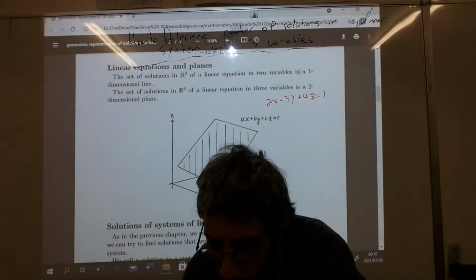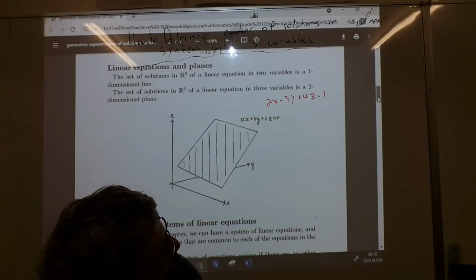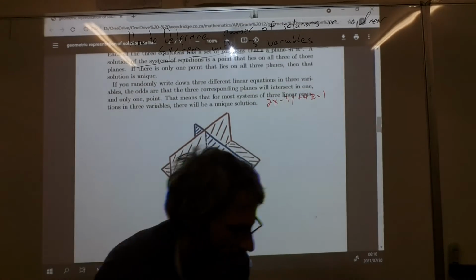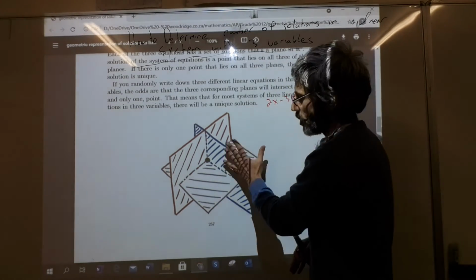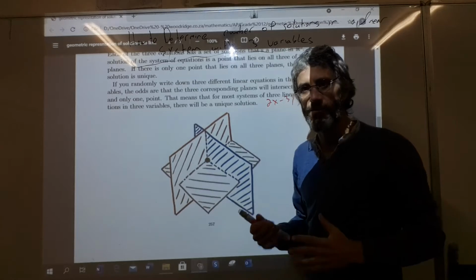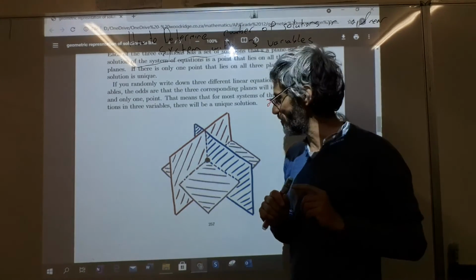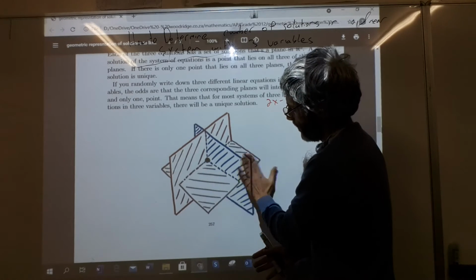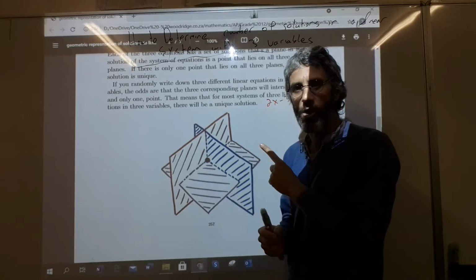Well, let's start with the first one. If I have a linear system of 3 equations, each equation is represented by a plane. A nice linear system will be one where all the planes intersect in one point.